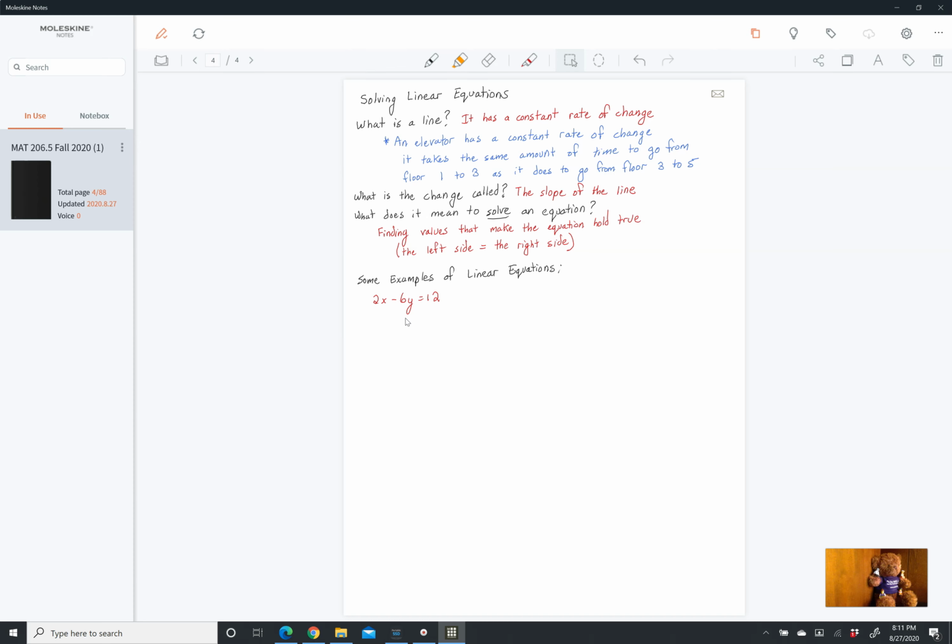So another example of that would be if we had something like 3x minus 4 is equal to y, or I'll even stick in a 5 here. Okay, 3x minus 4 is equal to 5y. So these are linear equations, and one thing that I want you to notice about this that will be true of all linear equations is that the exponents of x and y are both 1.